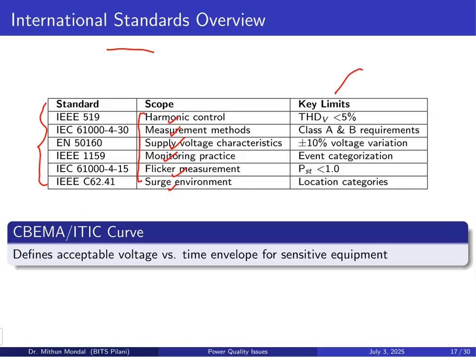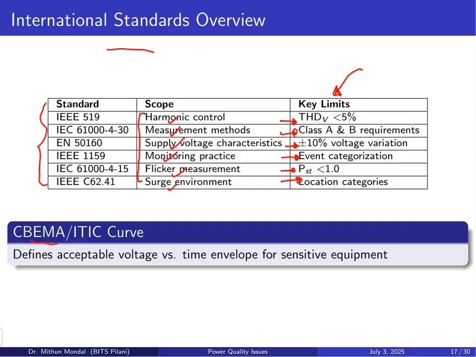Certain key limits they have set: harmonic distortion less than 5%, class A and B requirements for the measurement, plus minus 10% voltage variation in the supply voltage, PST data less than 1, and location categories for the surge environment. So when we talk about power quality issues, different standards need to be followed, and whatever limits they have specified need to be followed.